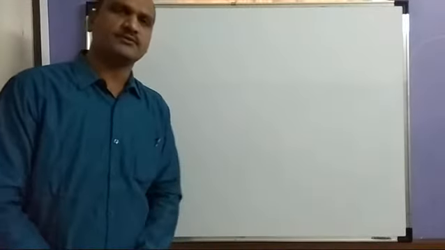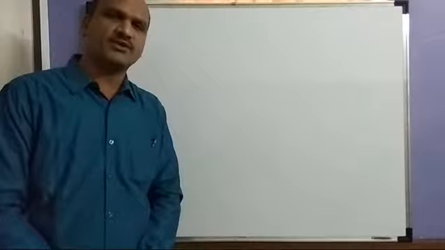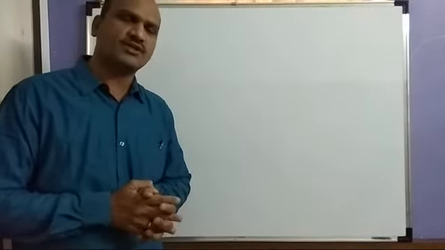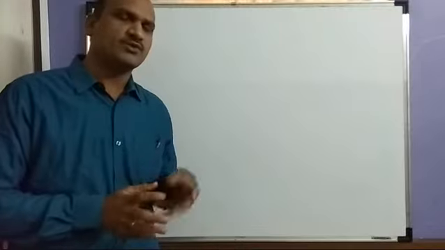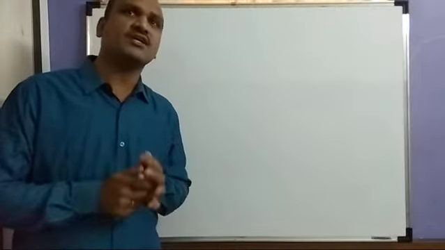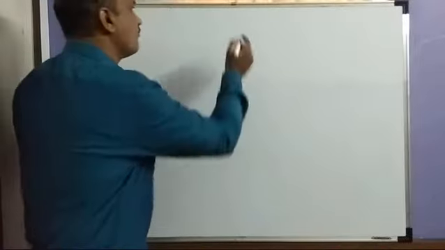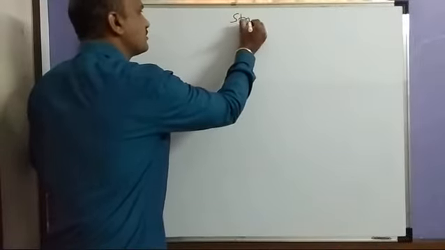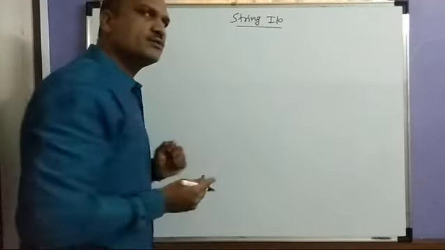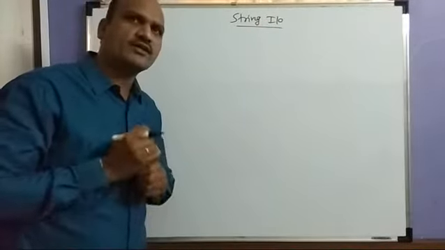So hello everyone. As we discussed in the previous class about the input and output operations on the text files, there is another one, that is for the string input output. For the string input output, we are using the function called getLine.